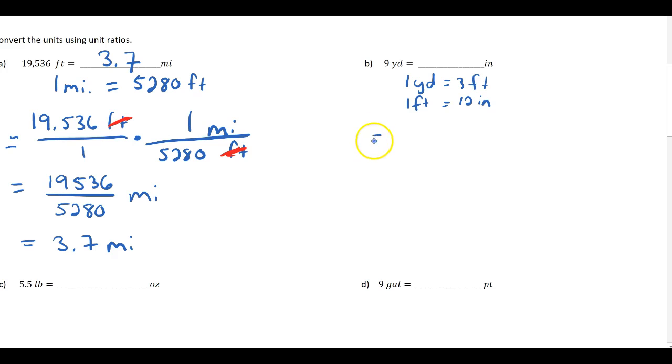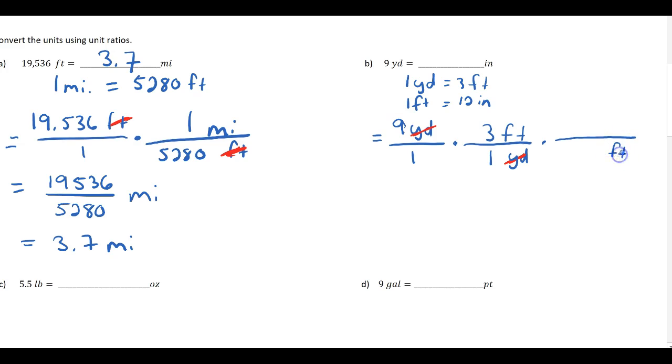I'm again going to start with my 9 yards over 1. Since I'm wanting to go from yards, I'm going to put yards on the denominator. I look and see, okay, I have 1 yard equals 3 feet. So 1 yard and 3 feet. This way I can cancel out my yards, leaving me only with feet. But I want to go to inches, so I'm going to add another conversion factor out here.